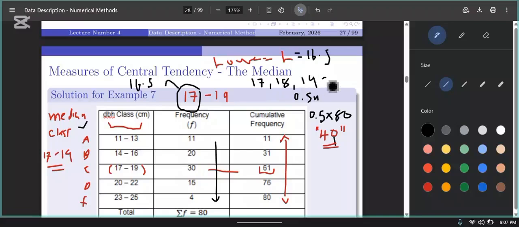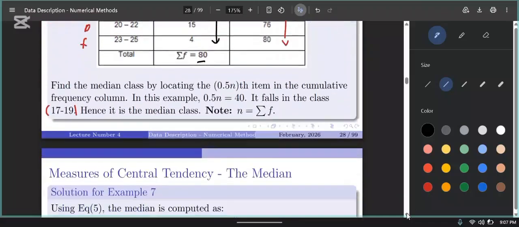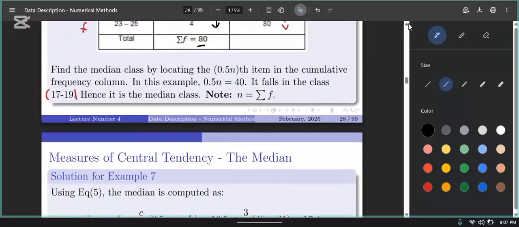So how many values are there? 3. That is your class width, the 3 that is here. So how do you find C? You count how many numbers are in your median class.